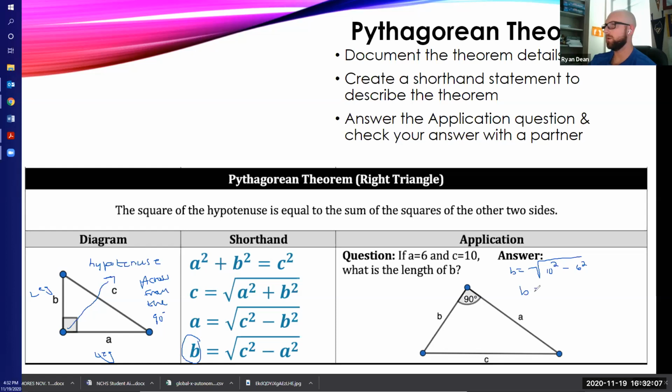So B is equal to the square root of 100 minus 36, which is the square root of 64. In this case, B is equal to the number 8.